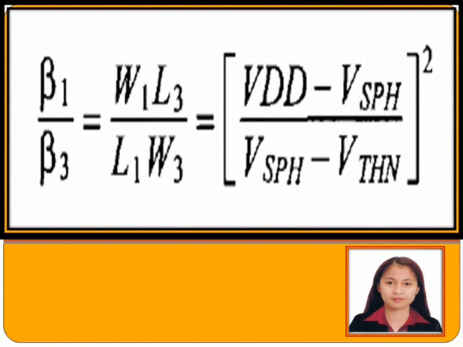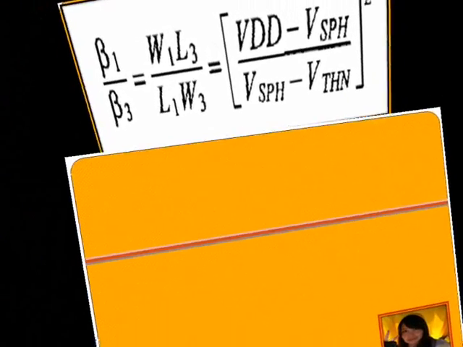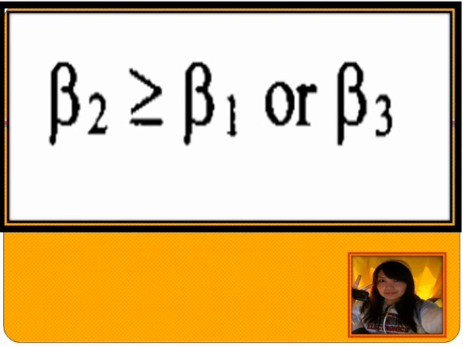The combination of the first and second equation yields beta sub 1 over 2 quantity VSPH minus VTHN quantity squared is equal to beta sub 3 over 2 quantity VDD minus Vx minus VTHN sub 3 quantity squared. The threshold voltage of M1 given by VTHN in this equation is the zero body bias.